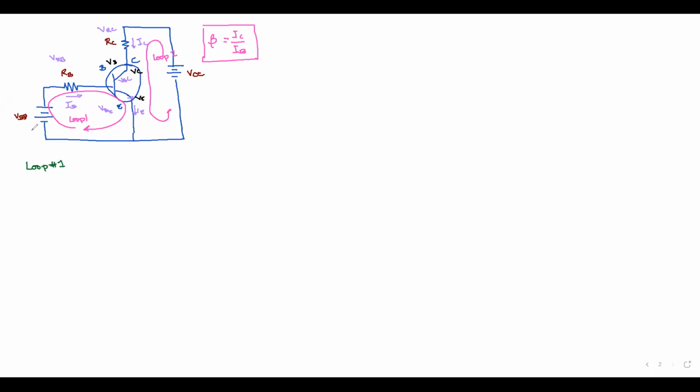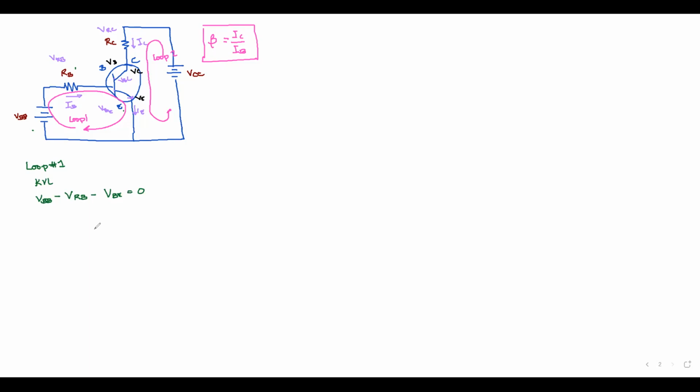So if this is my source voltage, it means that my VRB plus my VBE is equal to my source voltage. Again, at loop number 1, using KVL, I could say that VBB minus VRB minus VBE is equal to 0. That is loop number 1.